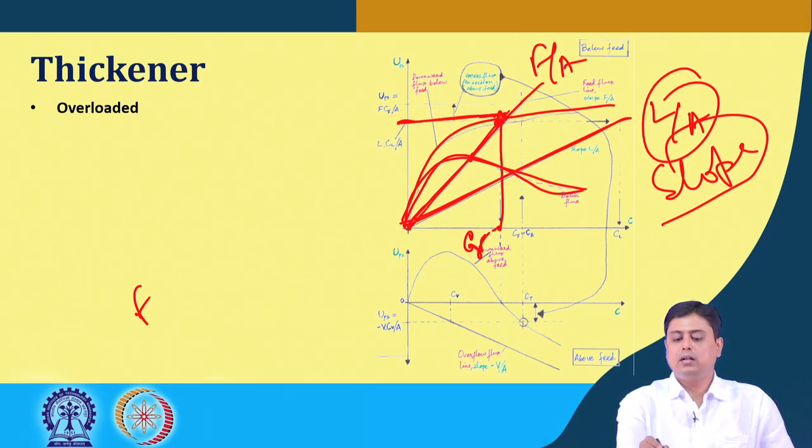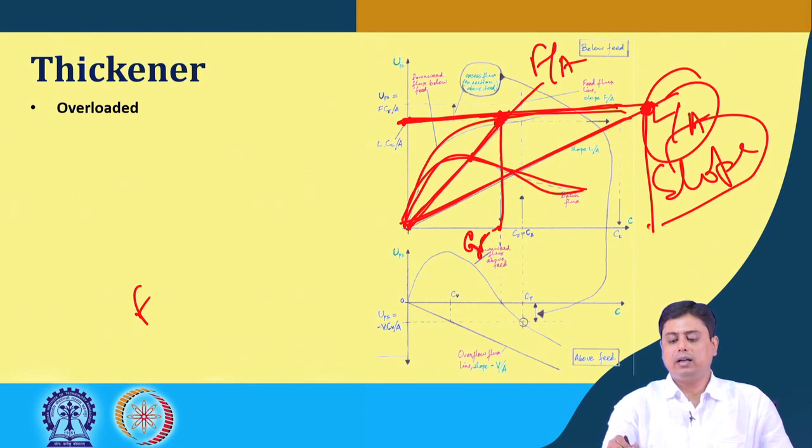The straight line that corresponds to this critical flux, where it intersects with this L by A line, will give us the concentration CL, the concentration at the bottom under the underflow condition.